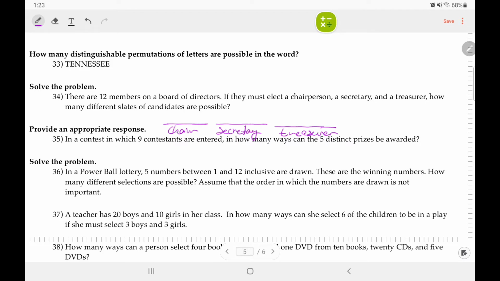So, looking at my chair, all 12 members on the board of directors are eligible to be chair. So that means there are 12 possibilities for chairperson. Then, when I select one person from 12 to be my chair, there are 11 people left that can be secretary.